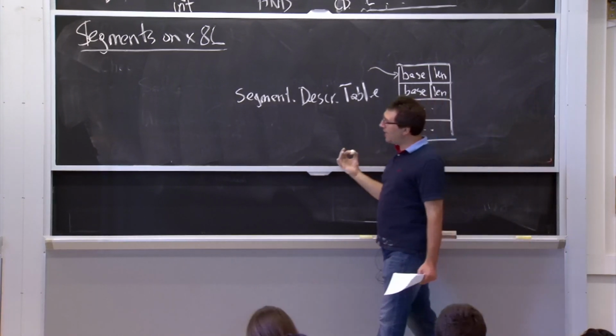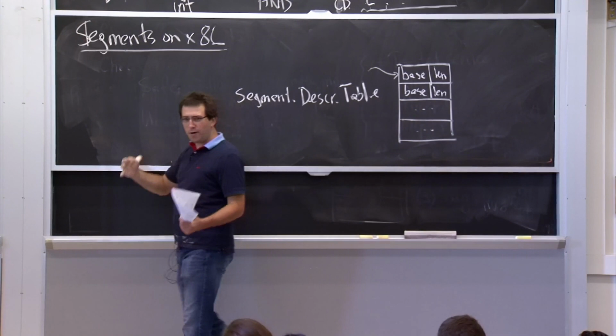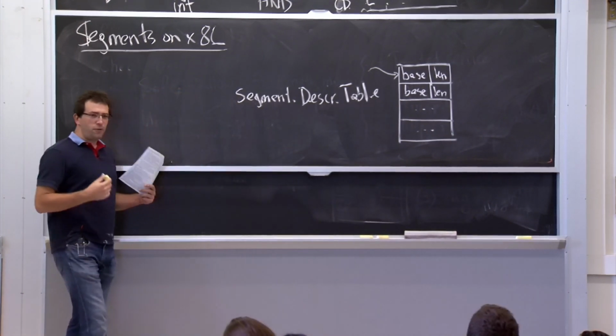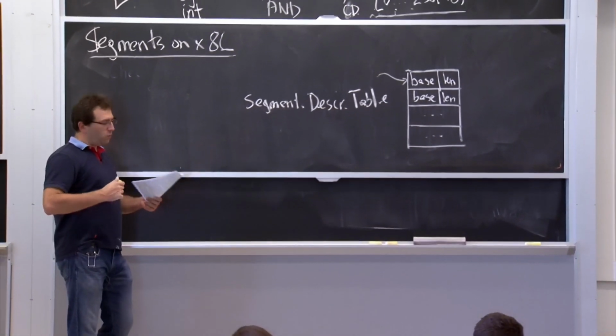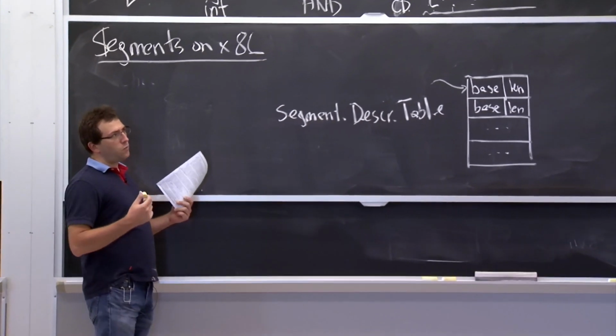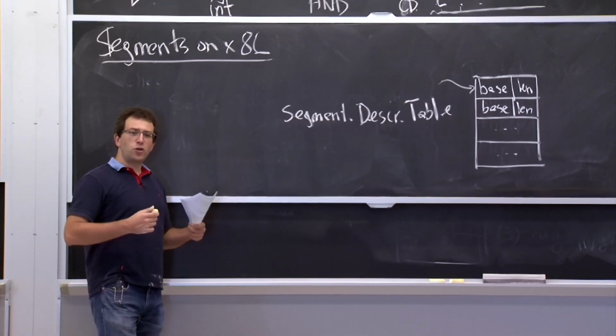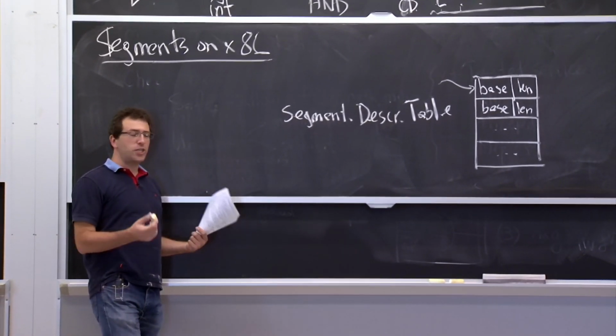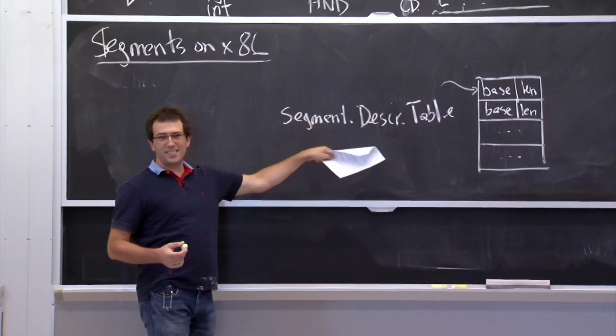And the way that this actually helps us to enforce memory bounds is that on x86, every single instruction, in one way or another, whenever it's talking about memory, actually talks about memory with respect to a particular segment in this table.